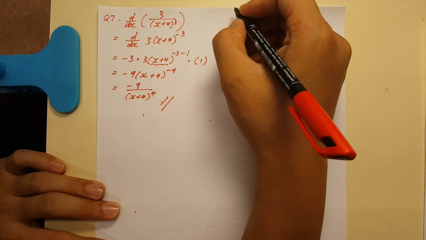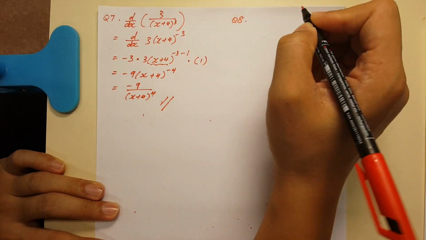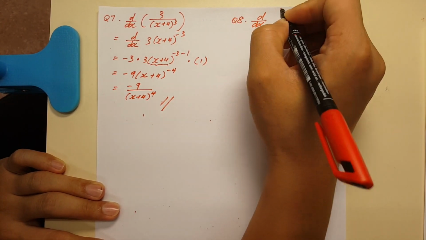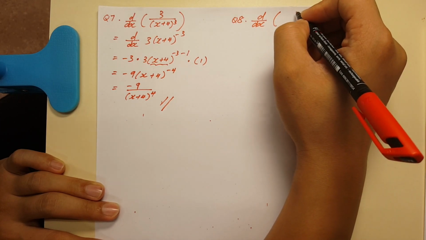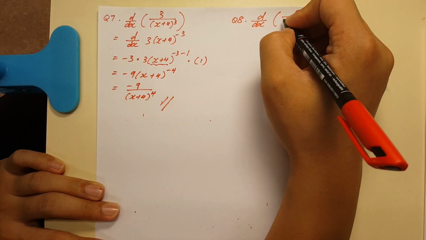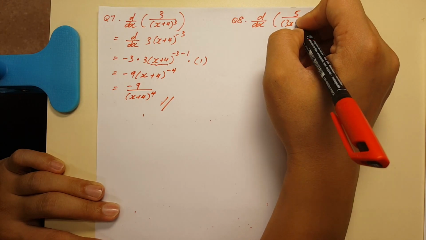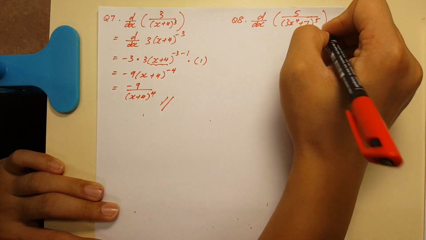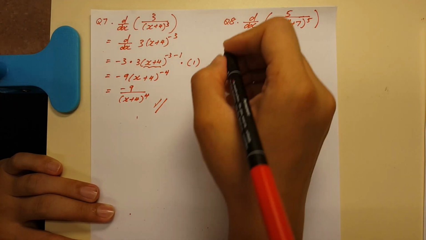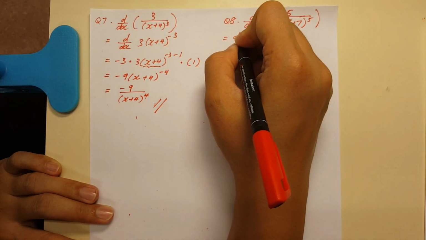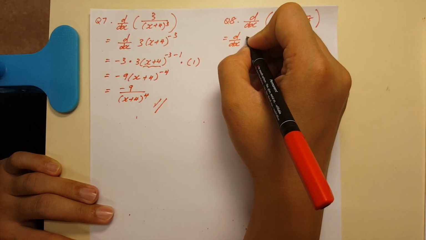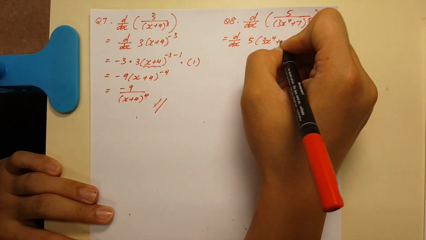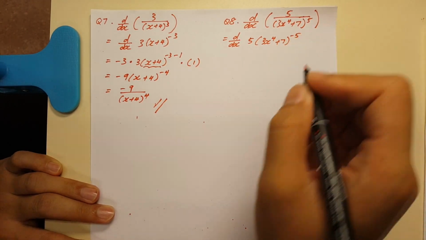Now, question 8. I'm going to differentiate this function here: 5 over (3x to the power of 4 plus 7) to the power of 5. Same thing, I would like to adjust it a little to something that I'm more familiar with: 5(3x to the power of 4 plus 7) to the power of minus 5.